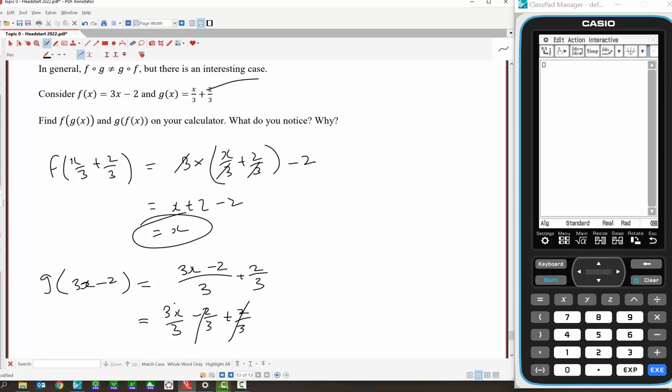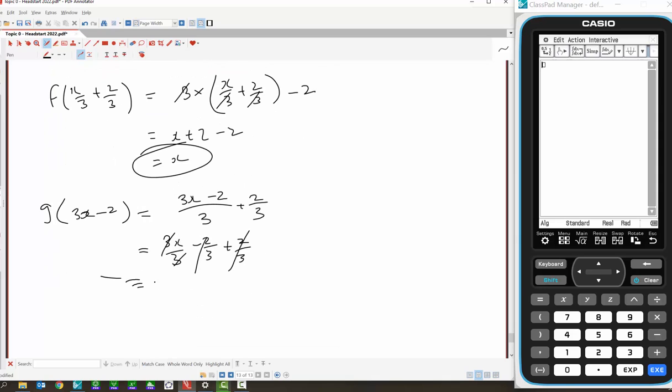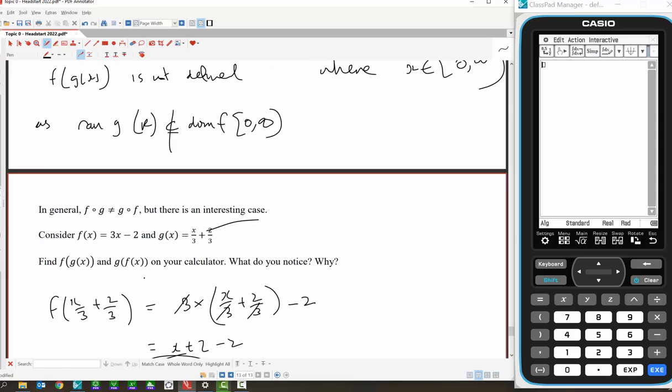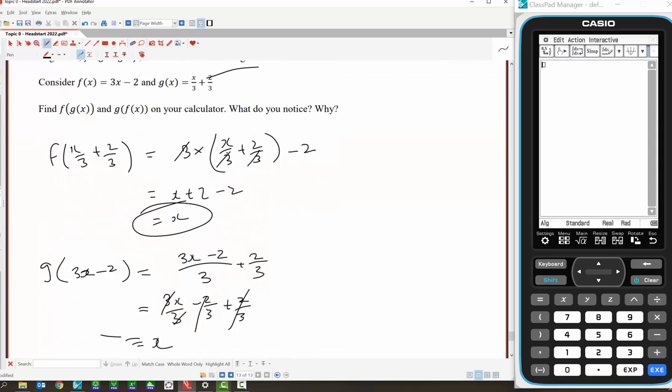They cancel out, giving us, funnily enough, x again. So here is the special case where f with g is equal to g with f. Now, why is this the case? What do we notice? That they both result in x as a function, or g with f is the same as f with g.